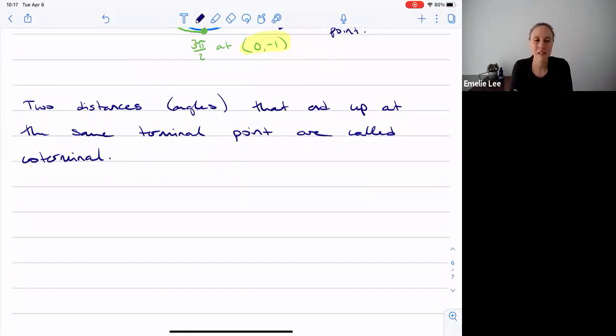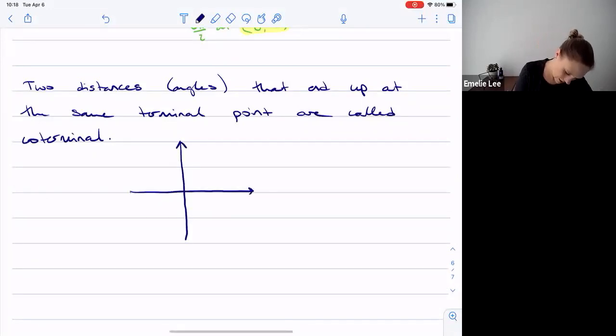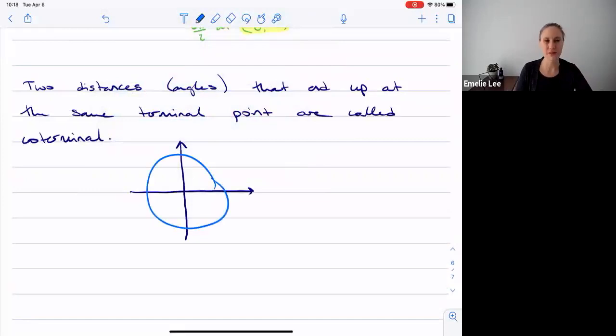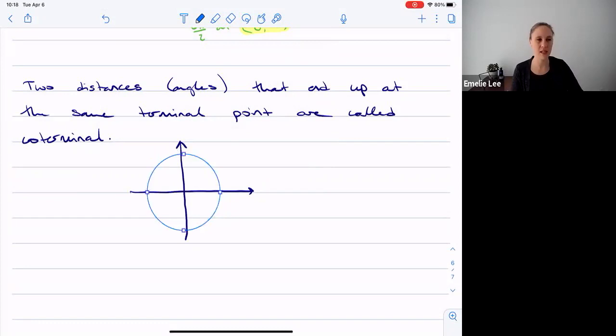If I draw my unit circle again, well, it's a bad circle, isn't it? I'll try again. I'll even let technology do its thing. There we go.